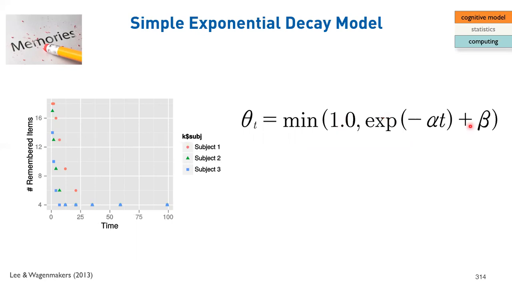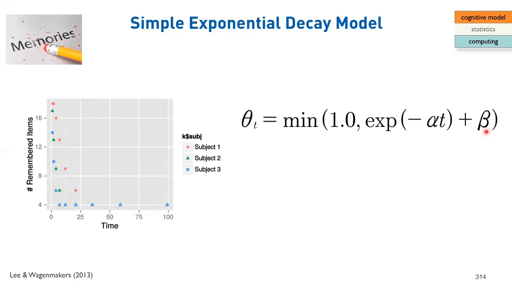If this term is smaller than 1.0, the minimum between the two is basically this term, and how large this term is describes the rate, the probability of memorizing. For example, if this calculation results in 0.9, that means a 90% probability this item will be memorized and a 10% probability this item will be forgotten. Okay, this is the exponential one, and it takes 2 parameters.